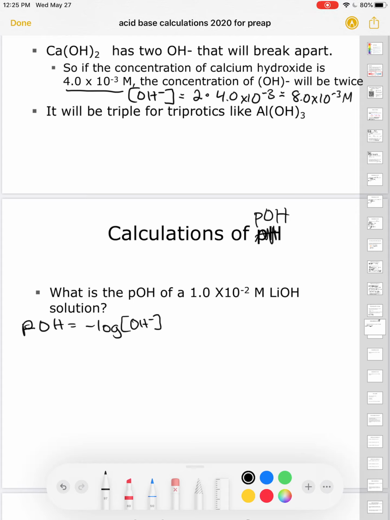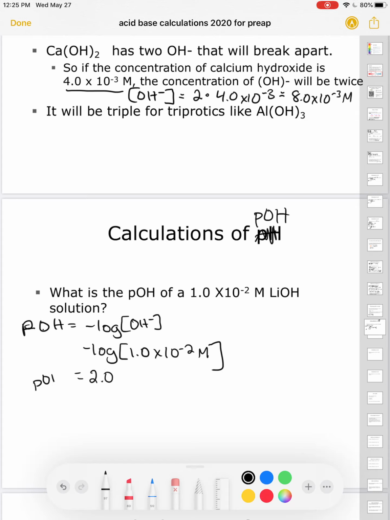Since lithium hydroxide is a monobasic base, the concentration of the hydroxide is going to be exactly the same as the concentration of your base. So our pOH is going to be negative log of 1.0 times 10 to the negative 2 molar. Okay, and that's going to give you 2.0.